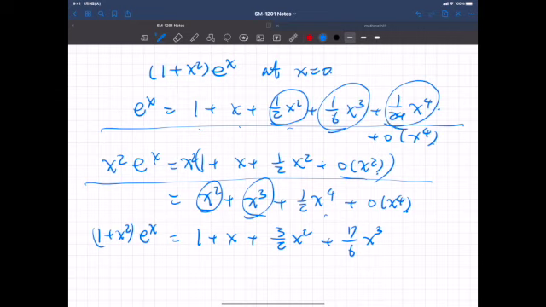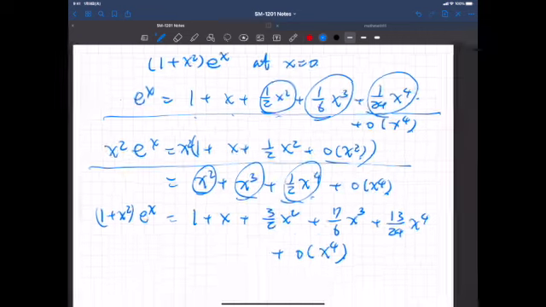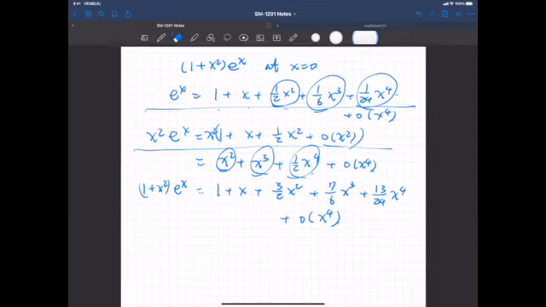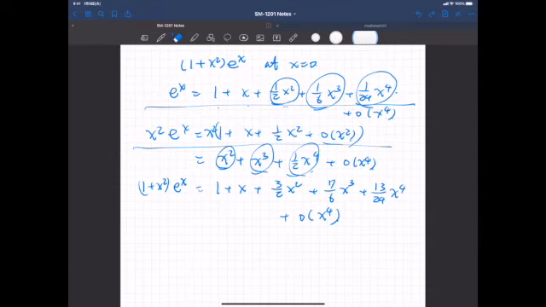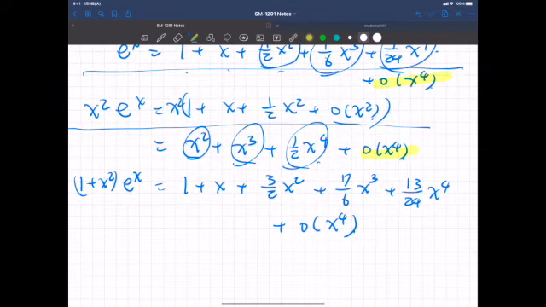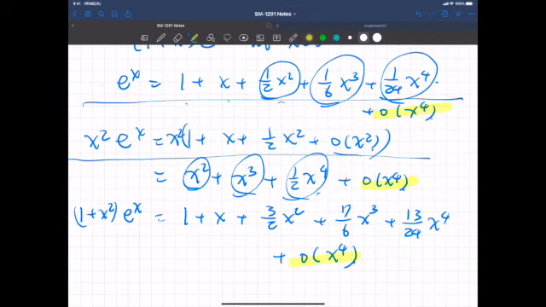And this x to the power of 4 becomes, should be what? 13/24 x to the power of 4 plus little o(x^4). If we add the little o terms, we still have little o(x^4).